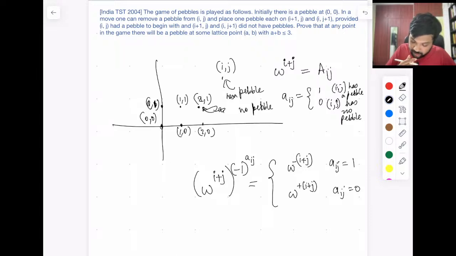Omega power 0 0, I guess that's why you are saying plus 1, so that you have at least 1 omega. Is that why you are saying plus 1? Will it affect the argument? Yeah, I guess fine.